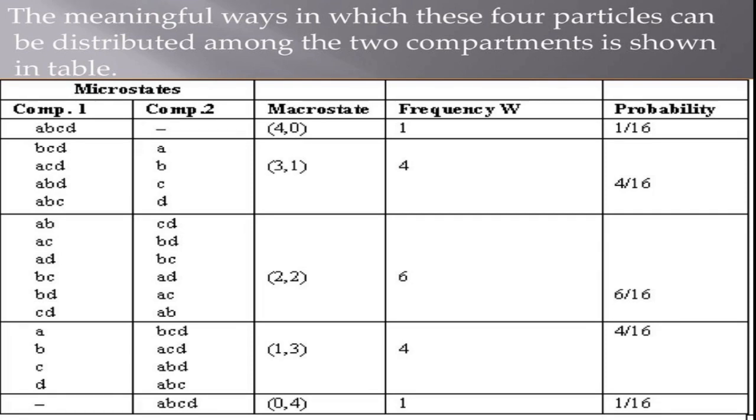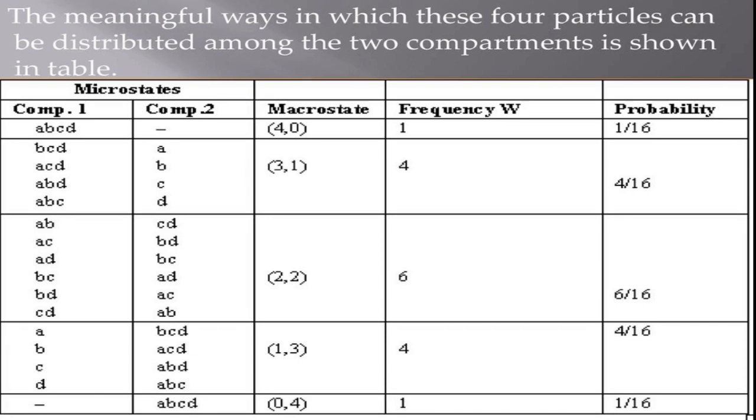The next possible arrangement is only a single particle lying in compartment 1 and three particles lying in compartment 2. Under this possibility, we have four distinct arrangements giving four microstates, and the macrostate corresponding to these four distinct arrangements is 1,3.